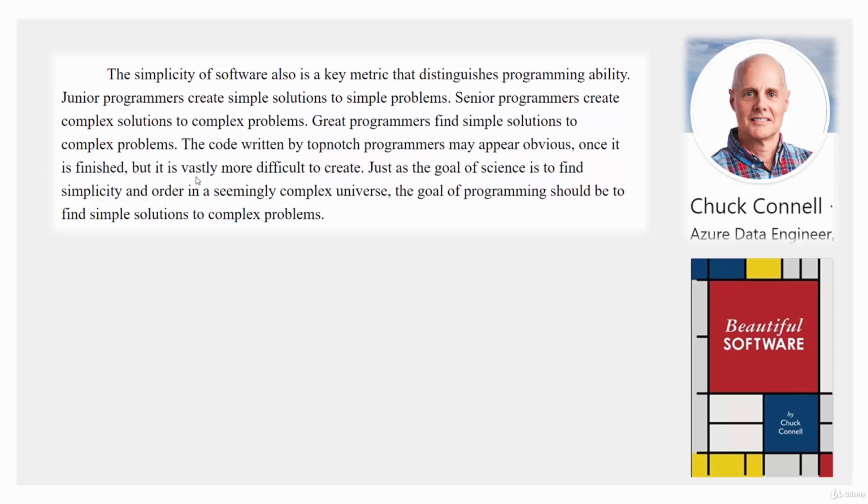The code written by top-notch programmers may appear obvious once it is finished, but it is vastly more difficult to create. Just as the goal of science is to find simplicity and order in a seemingly complex universe, the goal of programming should be to find simple solutions to complex problems.